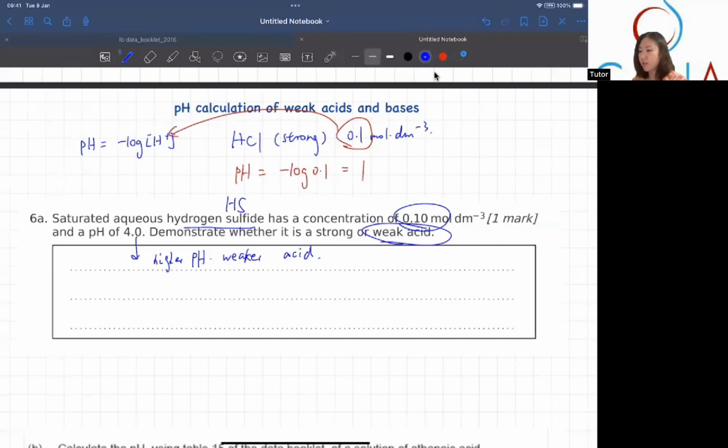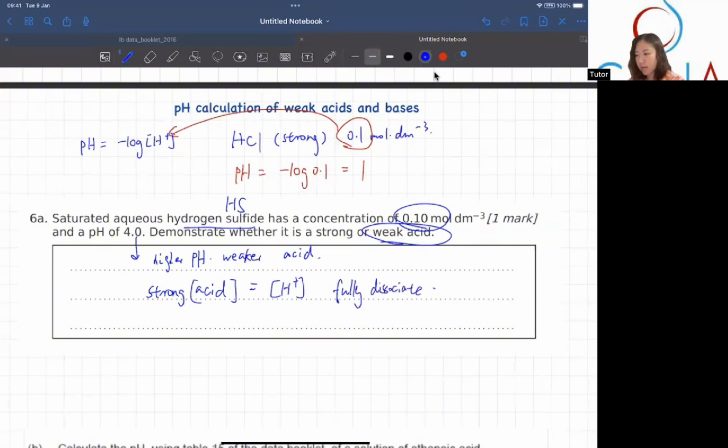This is because whenever we talk about a strong acid, the acid concentration will be equal to the hydrogen ion concentration. Remember, how do we define strong and weak? Strong means it fully dissociates.